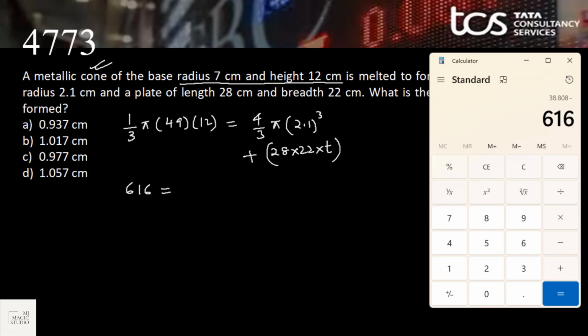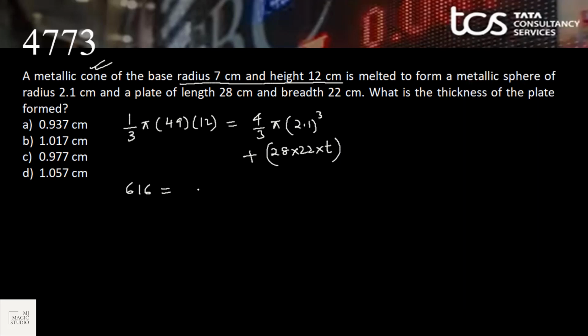Then 616 minus 38.808, so we have 577.192 for the volume of the plate. That divided by 28 divided by 22 gives 0.937. That is the thickness of the plate. When you have an on-screen calculator, please use it. Write less, use the on-screen calculator more, because time is limited, and in that given 40, 50, 60, 70 seconds, we need to solve it. So answer is 0.937 centimeter, option A.